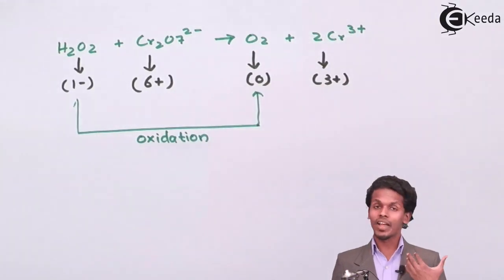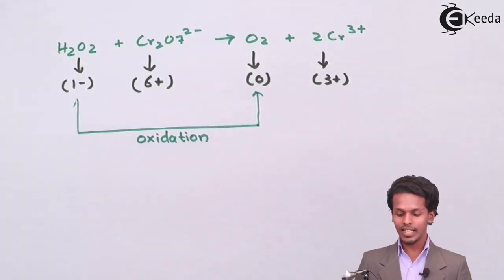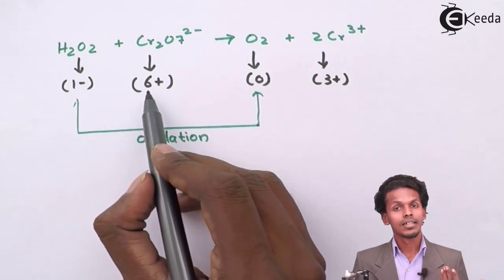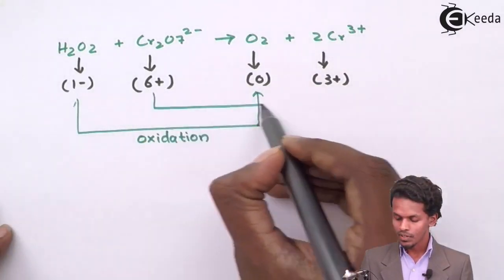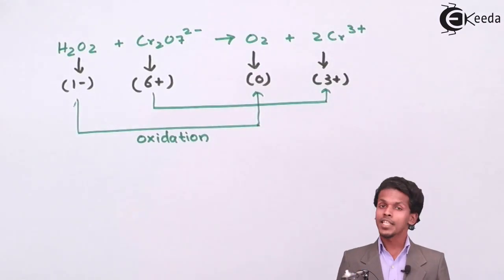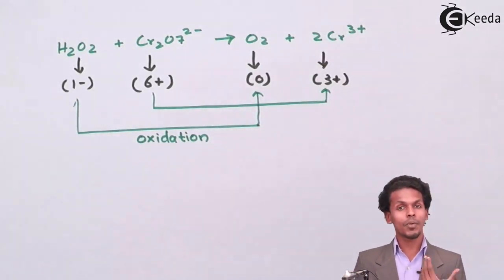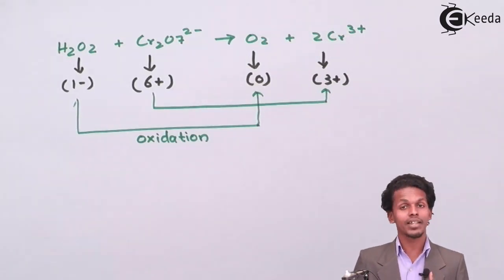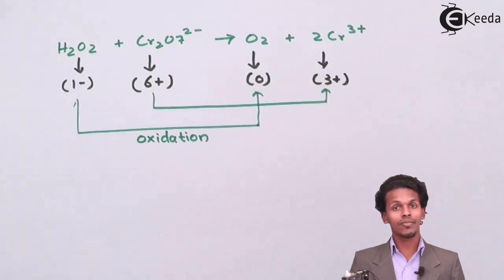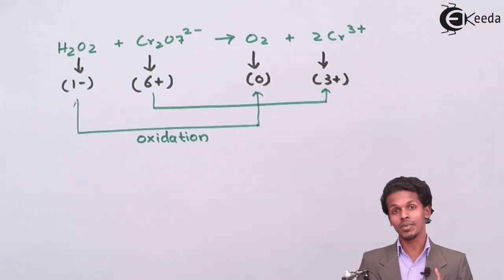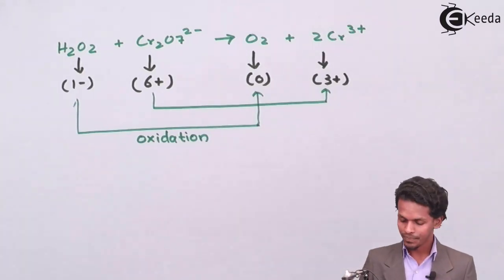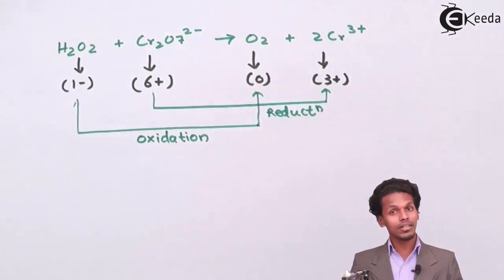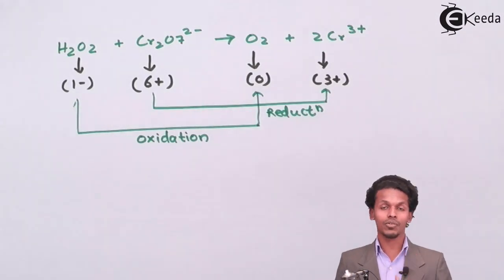Observing chromium, which initially on the reactant side has an oxidation number of 6 plus, it is converted into 3 plus. This is only possible if 6 positive charge accepts 3 electrons. Because electrons are being accepted, it has converted into 3 plus. The process in which electrons are gained is known as reduction. By this we have confirmed that the given unbalanced reaction is a redox reaction.